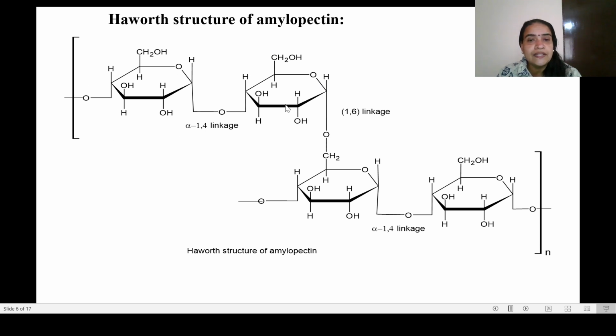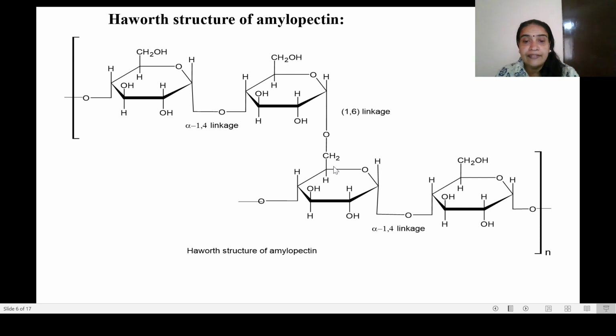This part is the same as the amylose structure, formed between D-glucose molecules joined together through alpha-1,4 glycosidic linkage. When around 24 to 30 glucose units are joined together in a linear way, then after around 24-25 units, there occurs a branching.